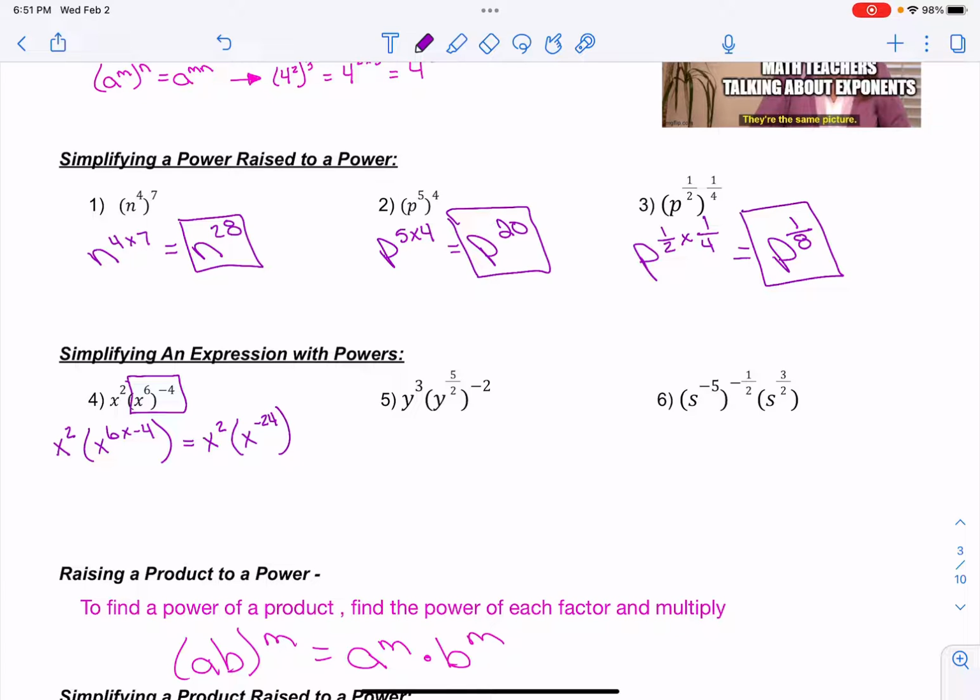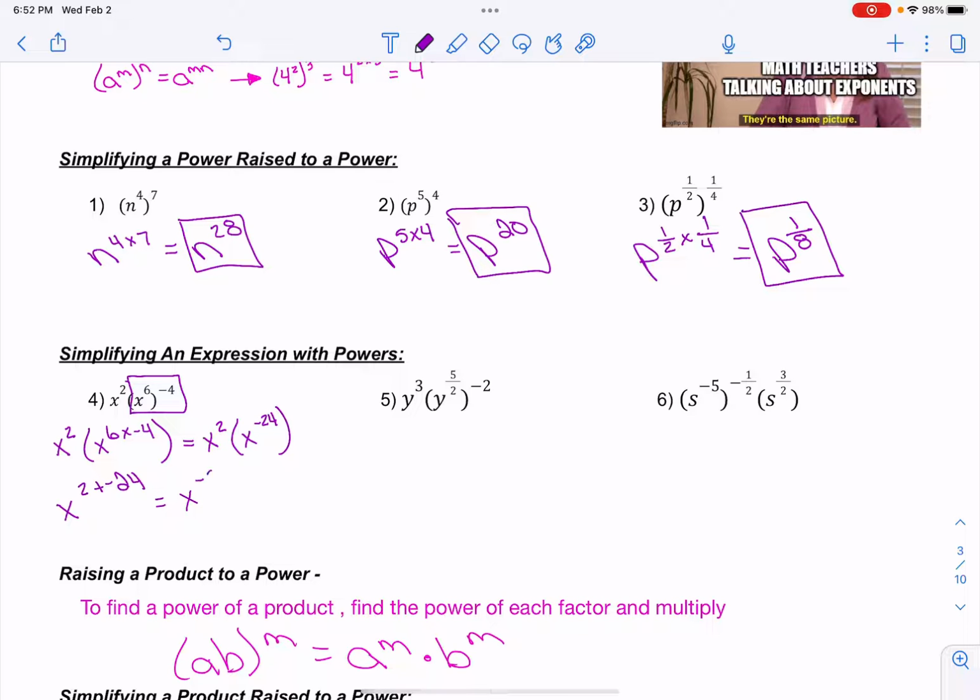So now this brings in stuff from yesterday. We are multiplying 2 things that have the same base. So remember, that means that we keep our base, and now we are going to add those exponents together. Because now we're multiplying, we're not raising a power to a power. So we have to add those exponents.